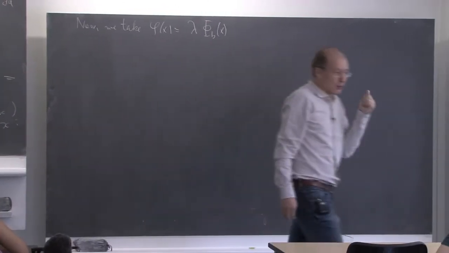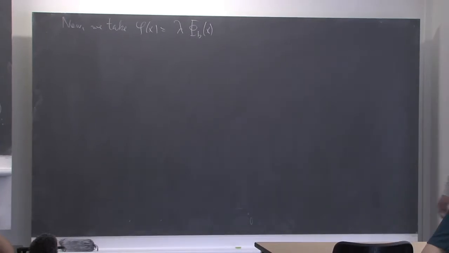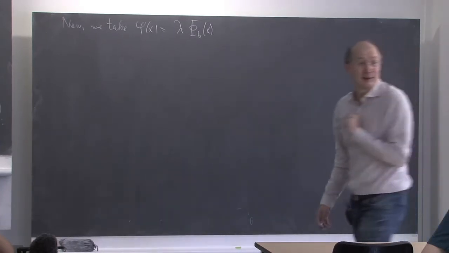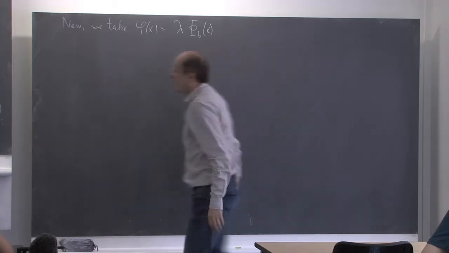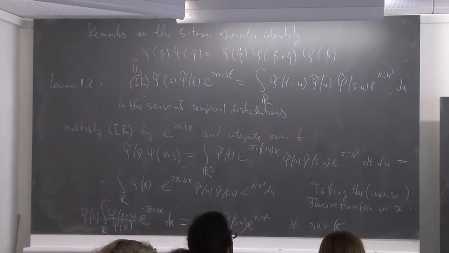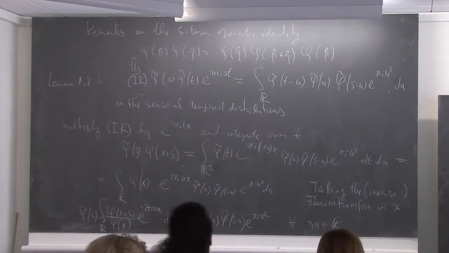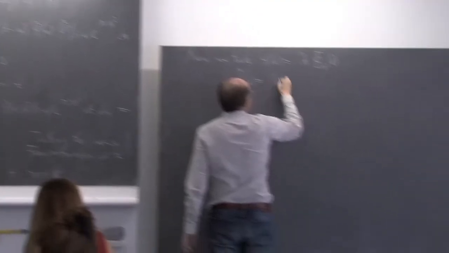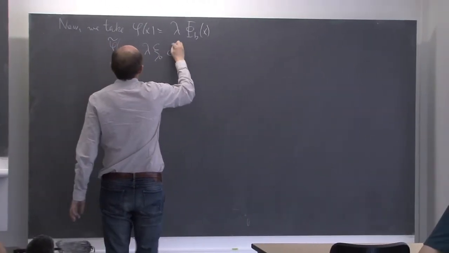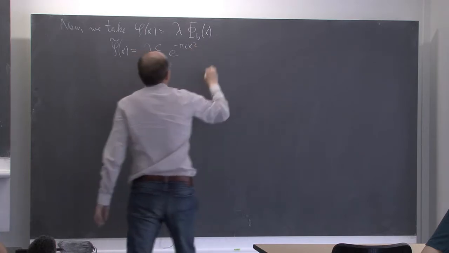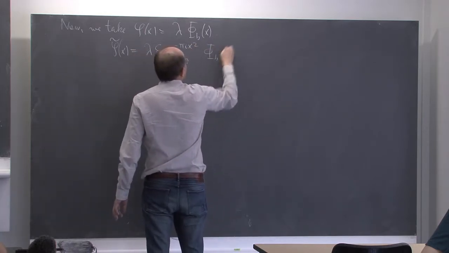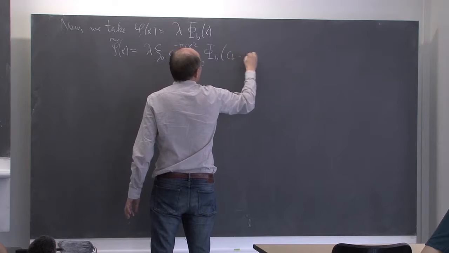But we remarked that this constant eventually is equal to 1, and now we are going to see why it is 1, right? But I keep it for a while. And then we substitute. So let us write out phi tilde of x, which now becomes lambda zeta 0 e to the minus pi I x squared phi b of c b minus x, right?